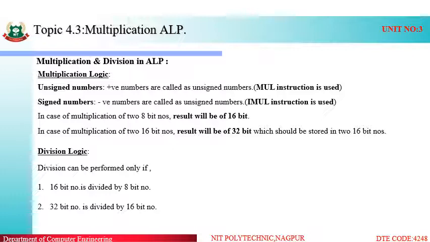So in case of division we have to always consider this logic as always the 16-bit number is divided by 8-bit number. That means greater bit number is always divided by smaller bit numbers, and in case of 32-bit number it will be divided by 16-bit number. So 8 by 8 division is not possible, similarly 16 by 16 bit division is not possible.